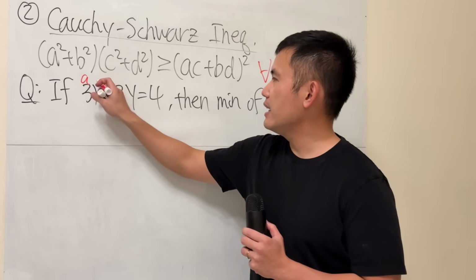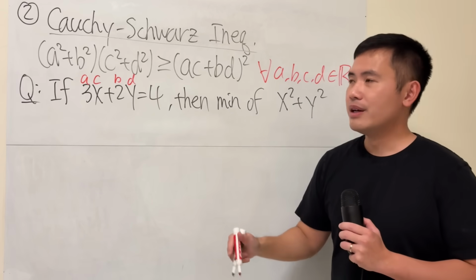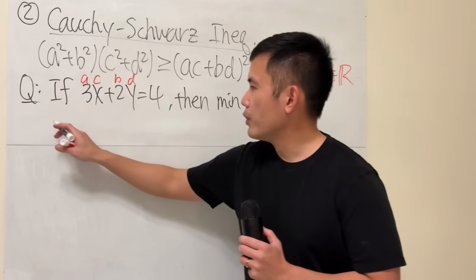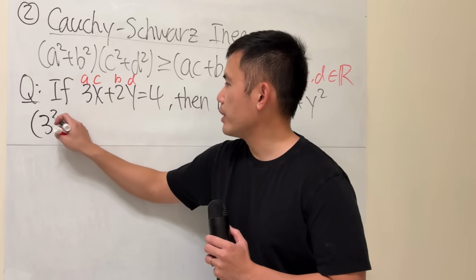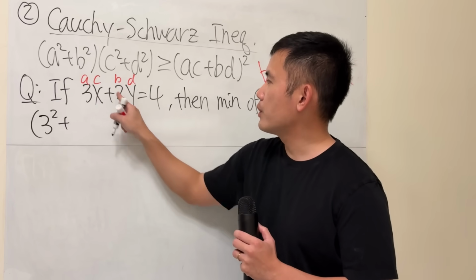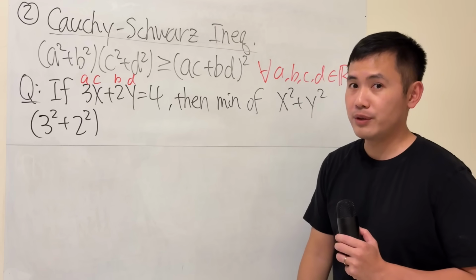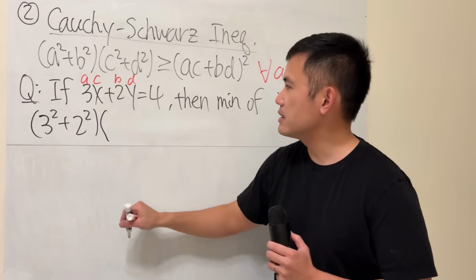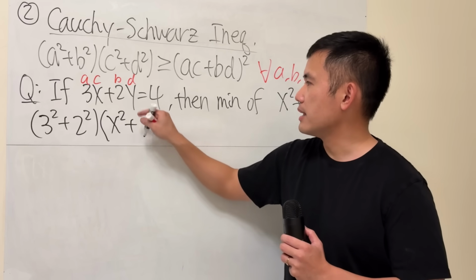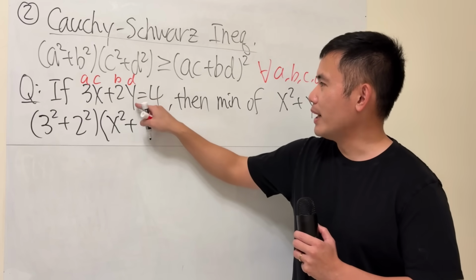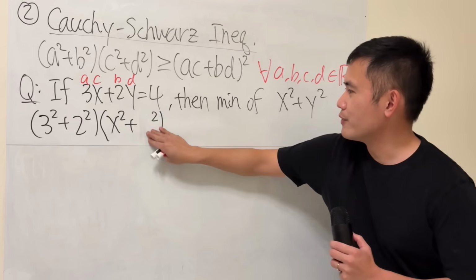This is just like the a and then the c, and then this is like the b and also the d. So by Cauchy-Schwarz, we will know that a squared, which is 3 squared, plus b squared, which is 2 squared, and this is just going to be a constant, which is very nice, times c squared, which is x squared, plus d squared, which is y squared. This is exactly what we're trying to find right here.